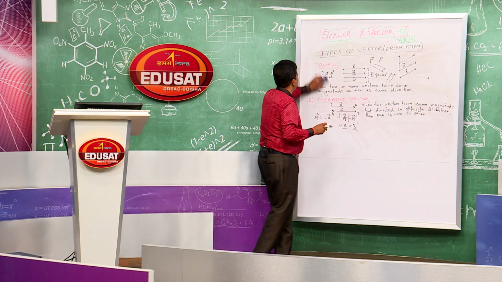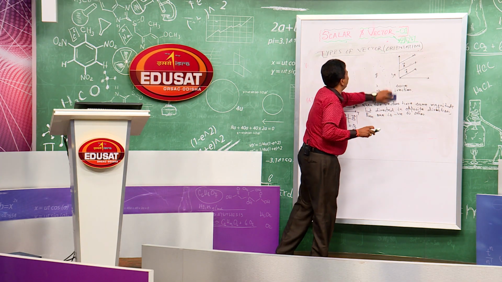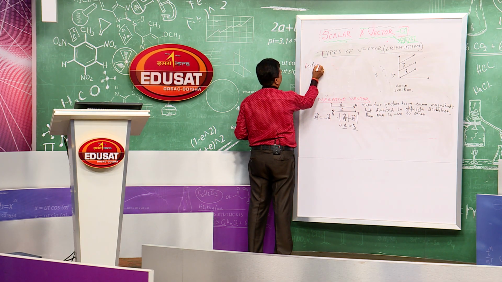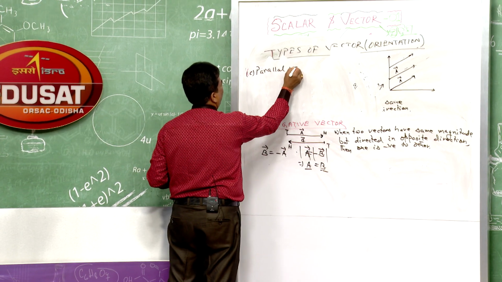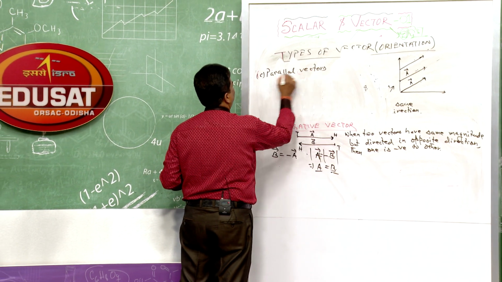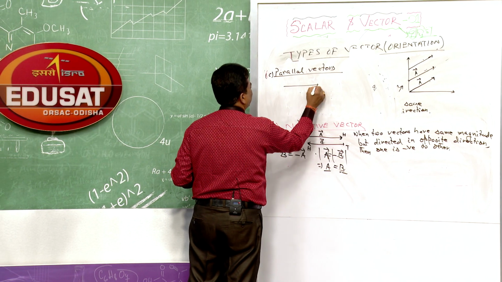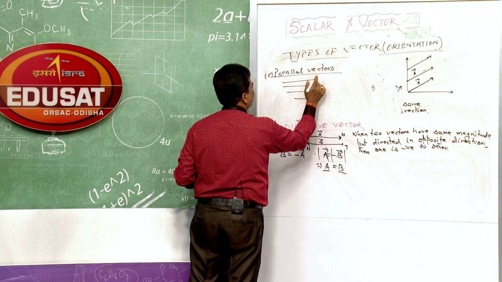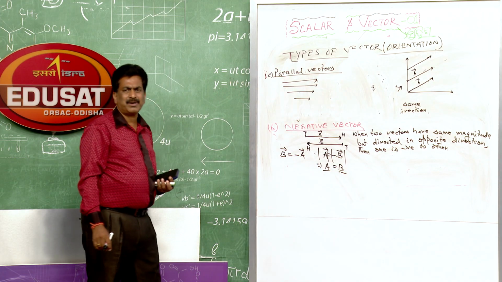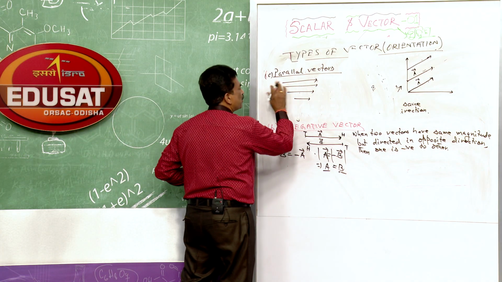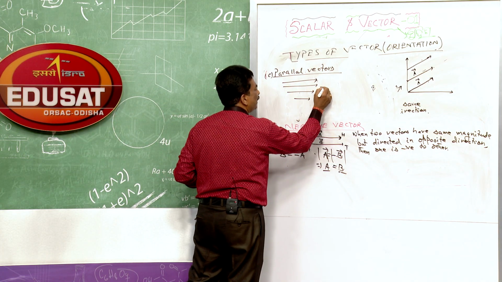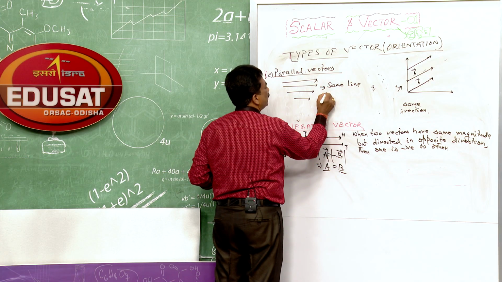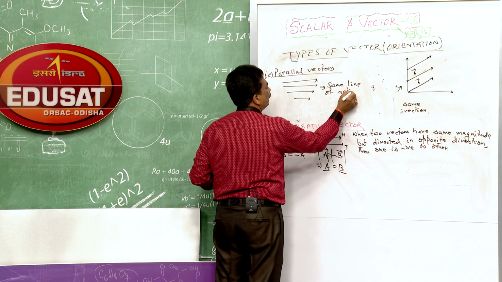Next we will go for the parallel vectors. Next one is C, parallel vectors. For the parallel vectors, this is one vector, this is another vector, this is another vector, this is another vector. For parallel vectors, the vectors must be in one direction, meaning they have the same line, the same line of action.